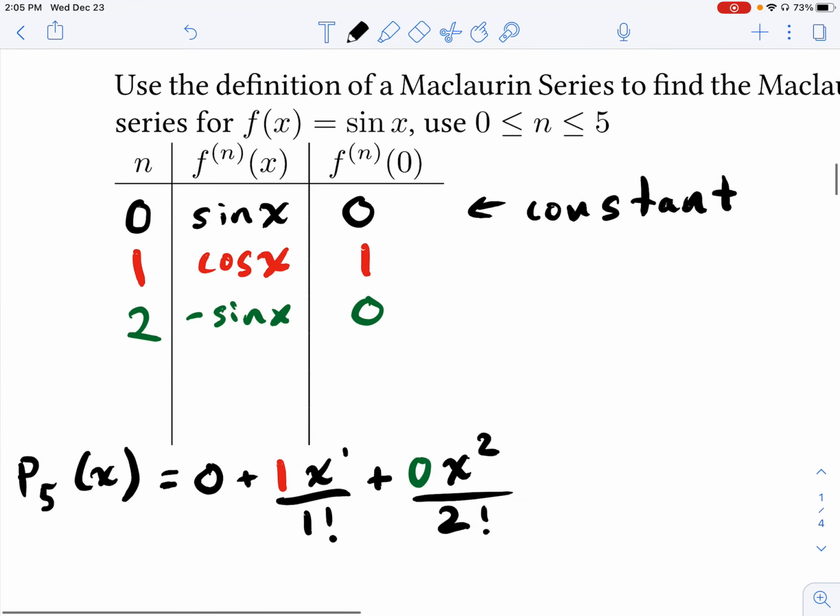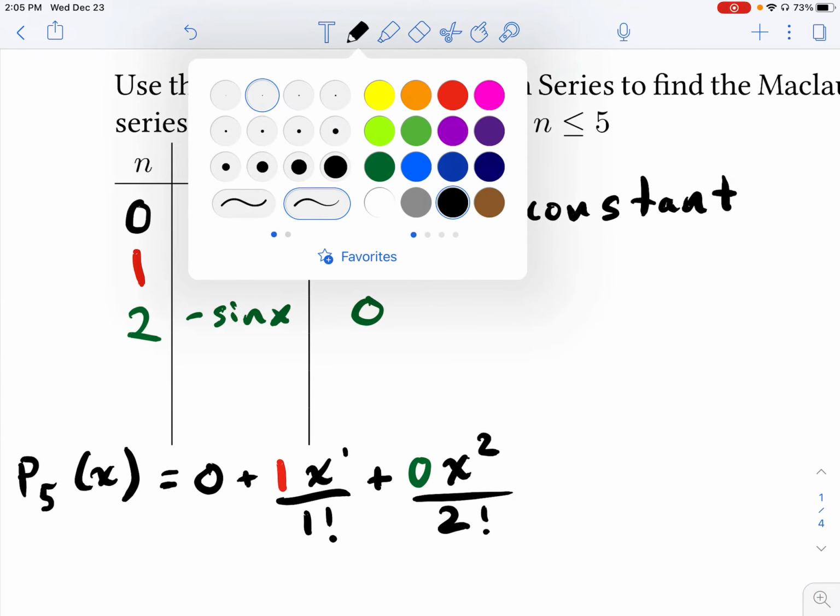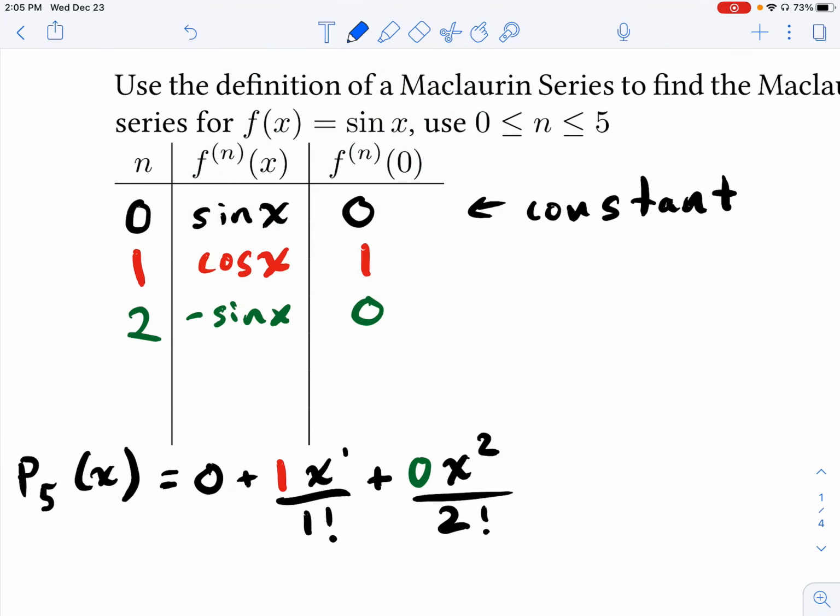So let's go to a different color. Let's make this blue. So when n is equal to 3, the derivative of negative sine x, or my third order derivative, is negative cosine x, and that third order derivative evaluated at 0 is going to be negative 1.